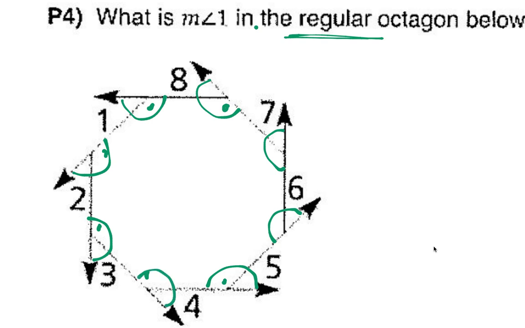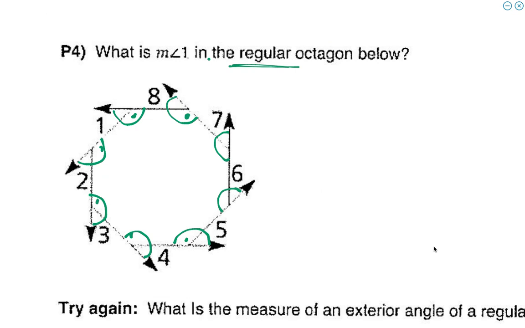Meaning all the exterior angles are going to be congruent as well. So no formula needed for this. It's always going to be 360 divided by however many exterior angles there are. In this case, there's 8. So 360 divided by 8, we have 45 degrees.